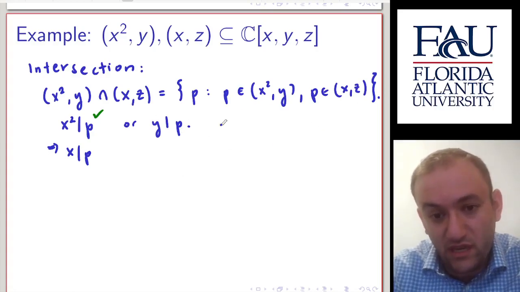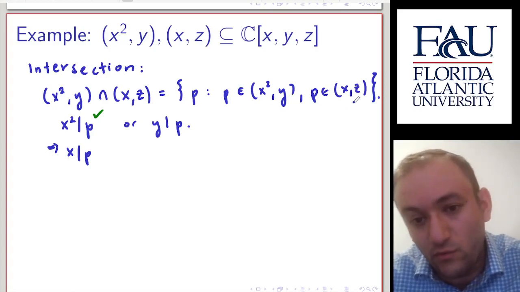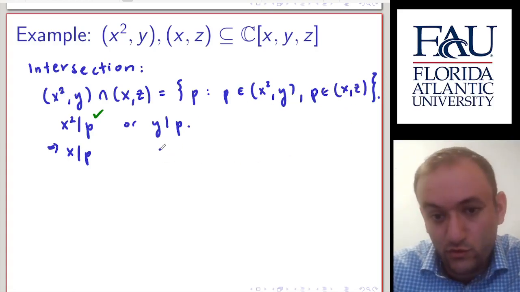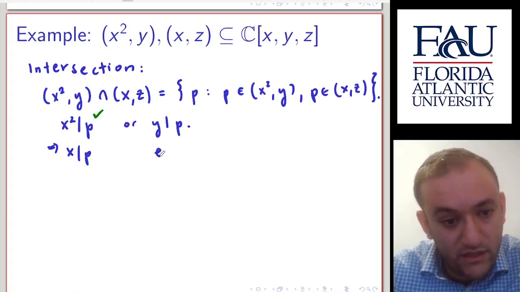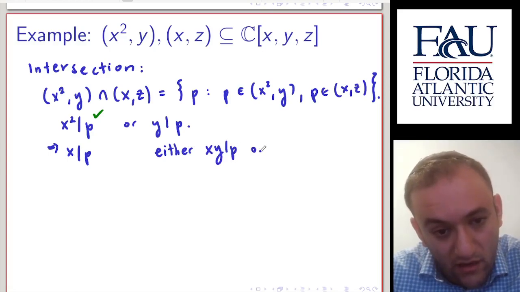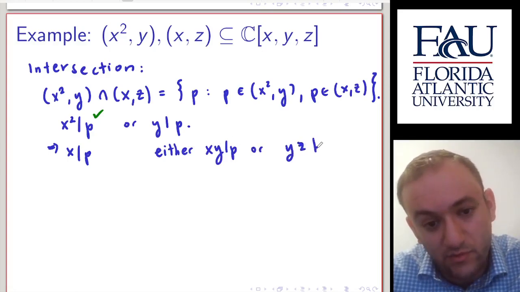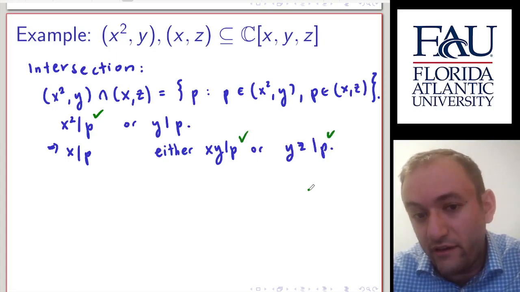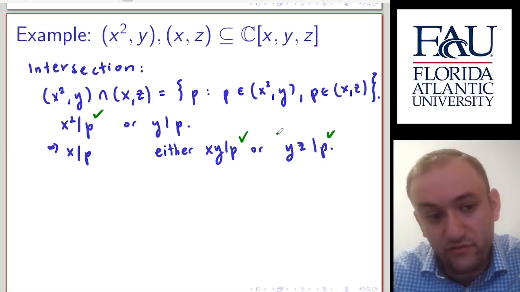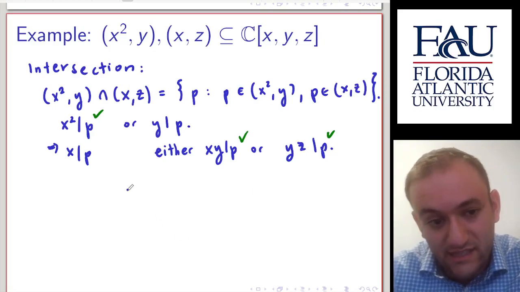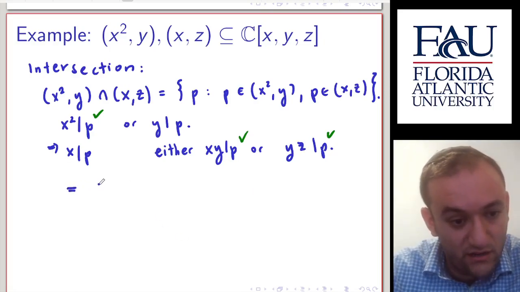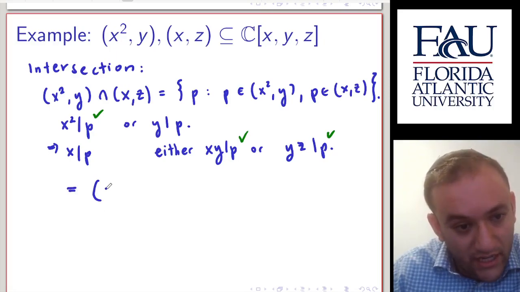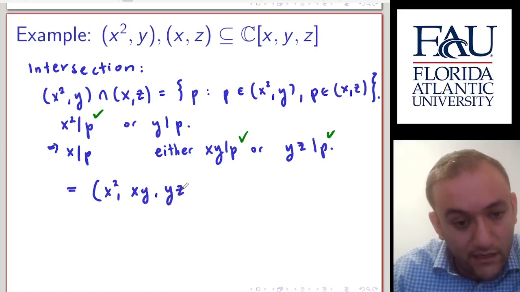But if y divides p, I'm not yet in this ideal, so I'm going to need one of x or z to divide p. So then I'm going to write either xy divides p or yz divides p, okay, then in either of those cases, we have p being a member of both of those ideals. Okay, so these are the set of generating monomials of this intersection. So our intersection is (x squared, xy, yz).